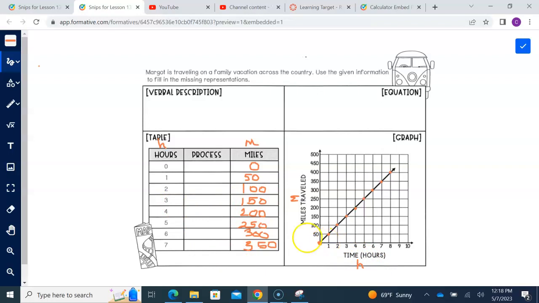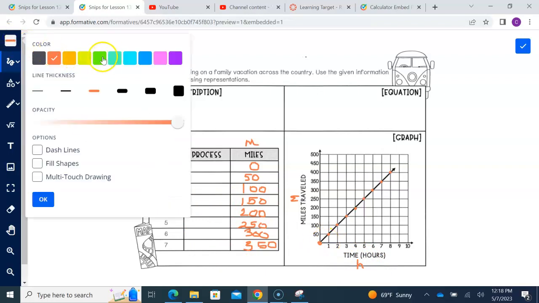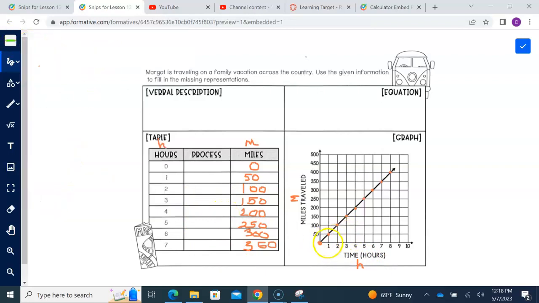So again, that key value that we're looking for to help us with this relationship is that unit rate, and it's right here. It says every time I go over 1 hour, I'm going to go up a total of 50 miles. Every hour I drive, I'm getting a distance of 50 miles.